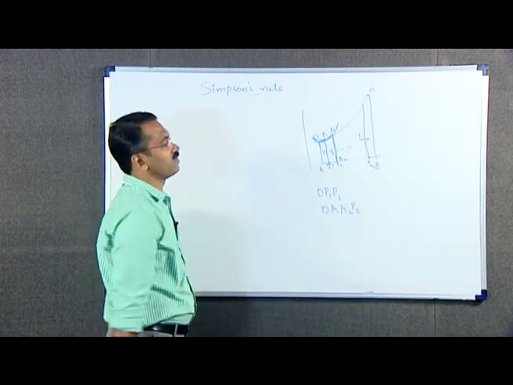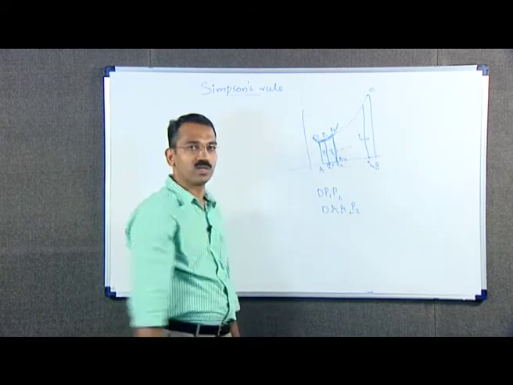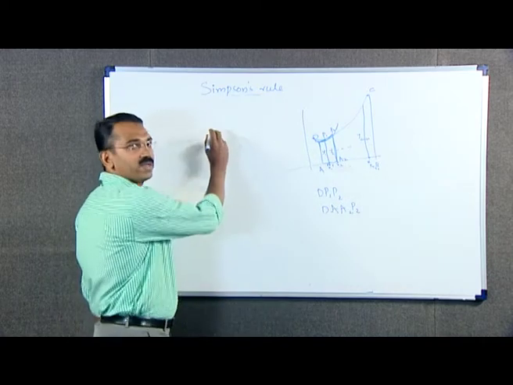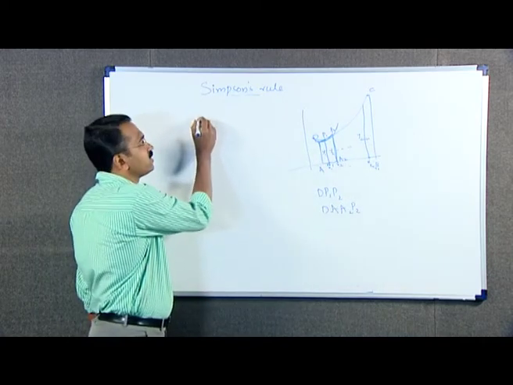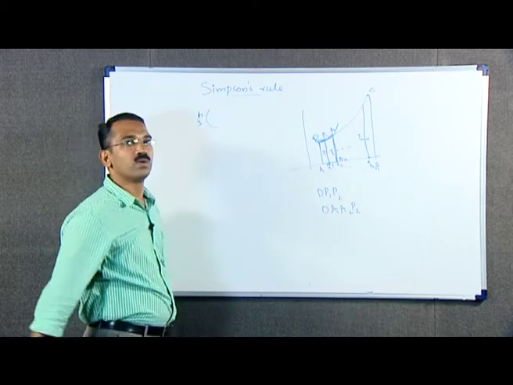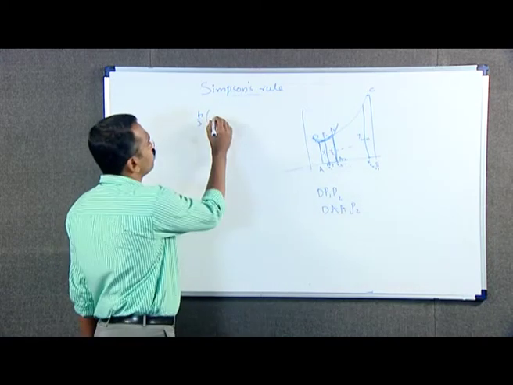The area under this parabolic arc, by applying the parabolic rule, we get the area as 1 by 3 h by 3 into y1 plus 4 y2 plus y3.